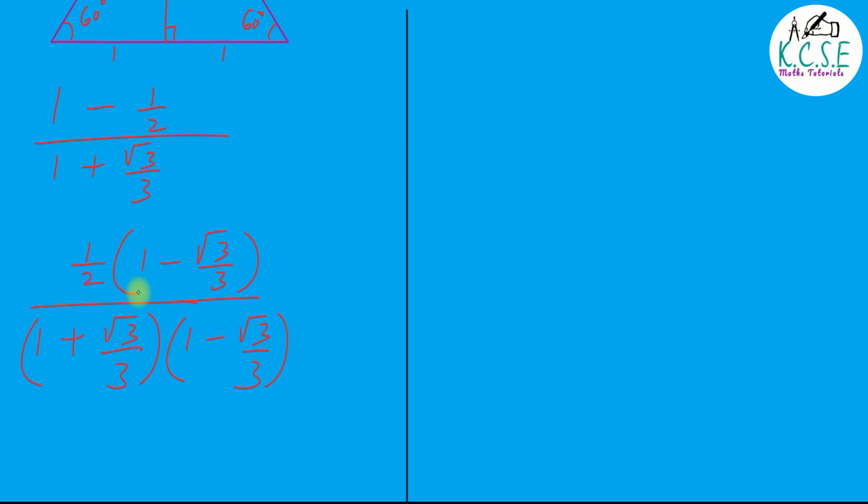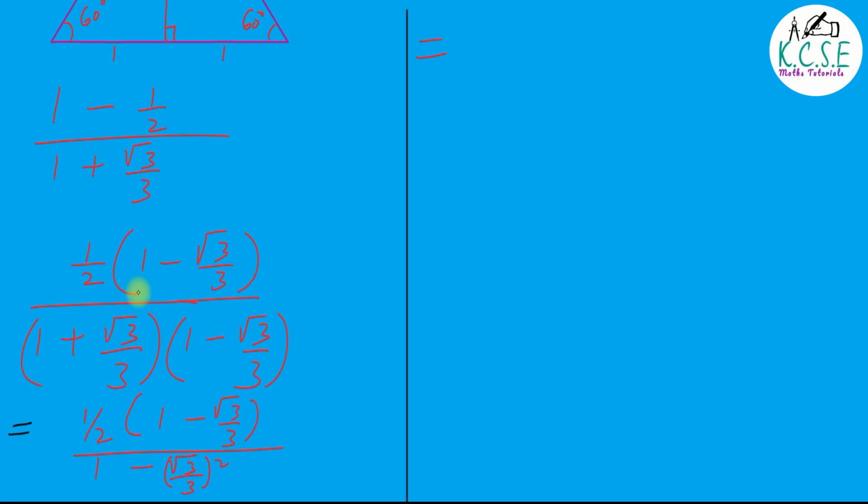So this gives a half. When you multiply this, we can just leave the numerator the way it is, 1 minus root 3 over 3. Then the denominator represents a difference of two squares, and for the difference of two squares, just take the first one squared, which is 1, minus root 3 over 3 squared.